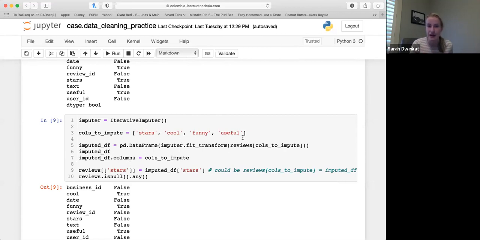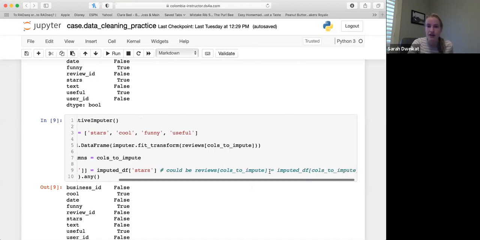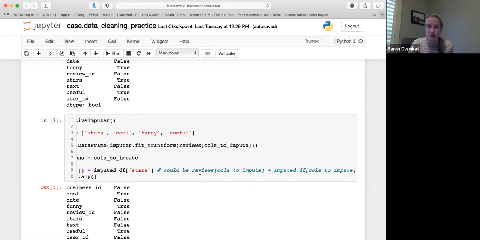We need to go ahead and name the output. And then we want to fill in our reviews data set. Now we need to fill those missing rows in these columns. So this is the way to just do it for stars, to just fill in the stars data set. But this helpful comment here is that you can fill in all of them using reviews, columns to impute here, and then set it equal to the imputed data frame, columns to impute.